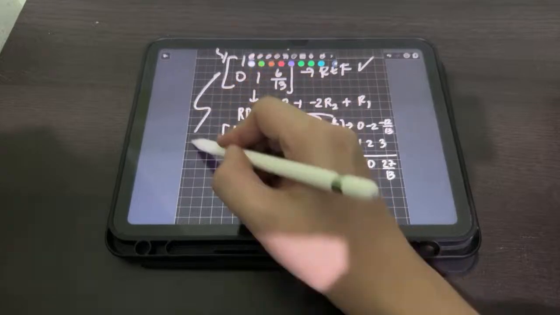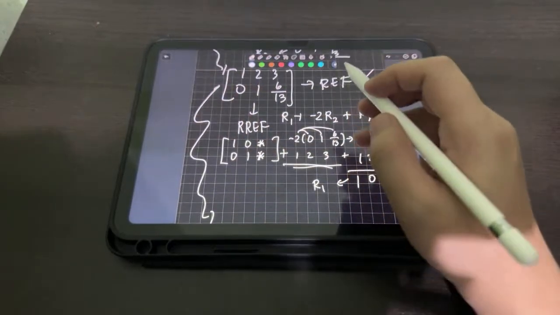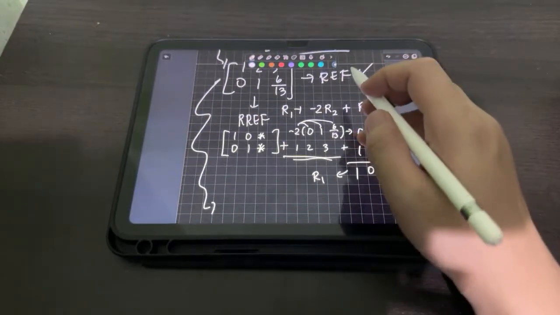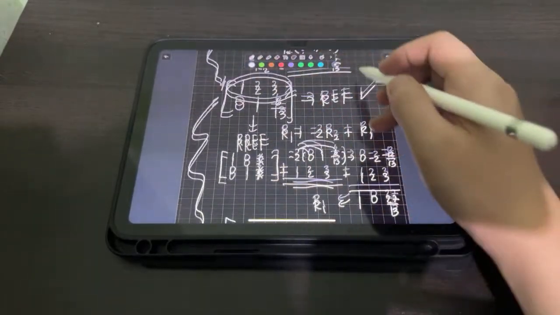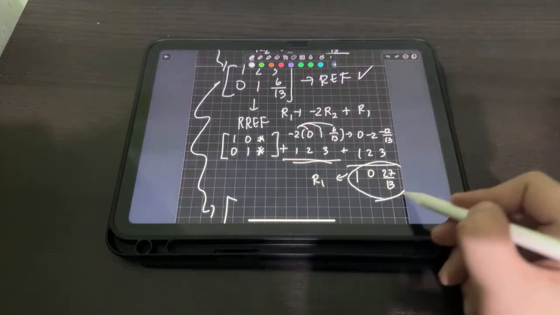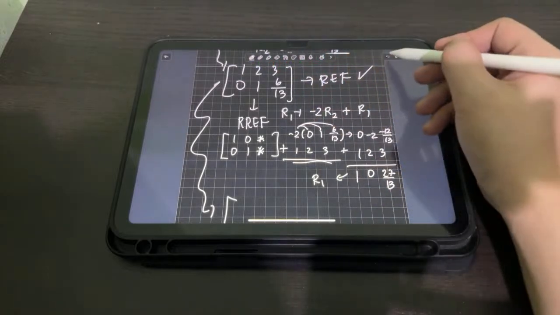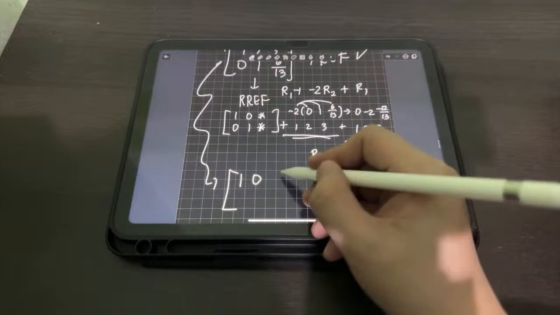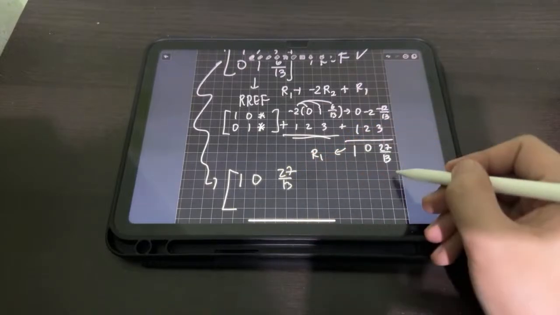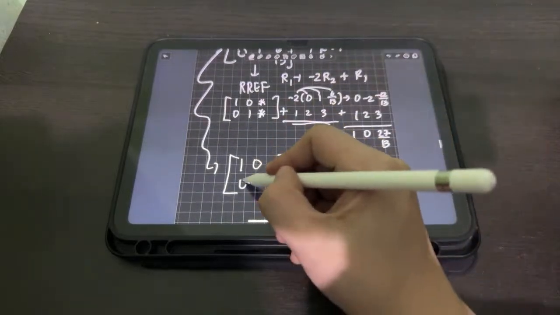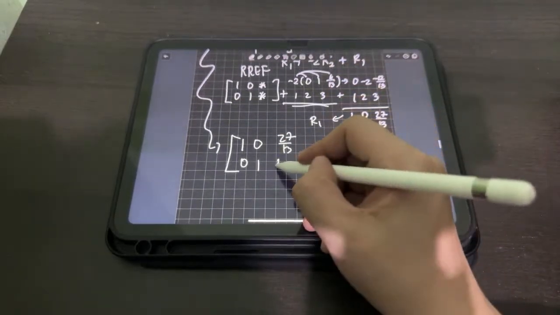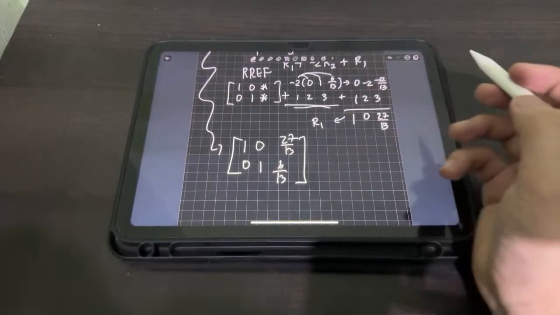So the final RREF will be, with the new entries in row 1 replacing the old ones: 1, 0, 27 over 13. Then just copy the same entries in row 2: 0, 1, 6 over 13.